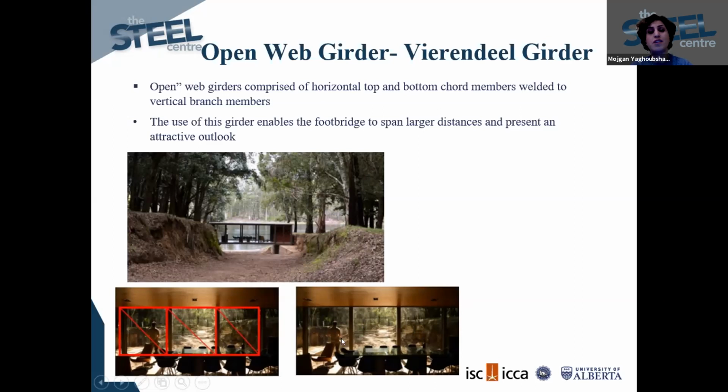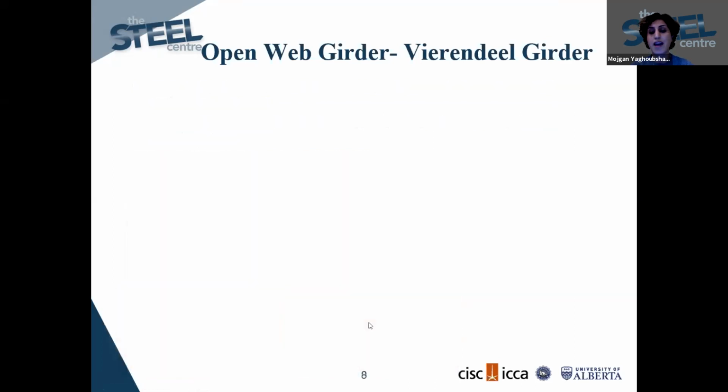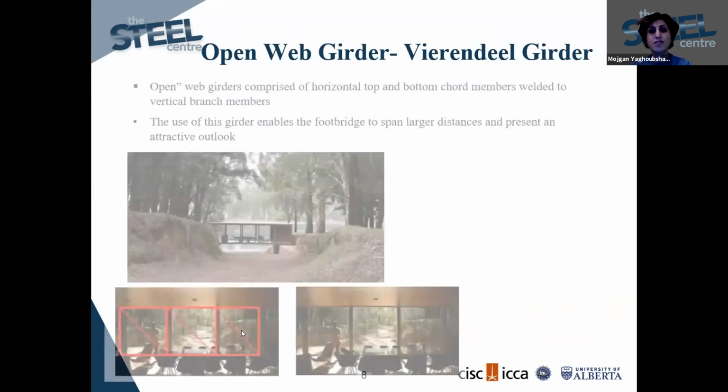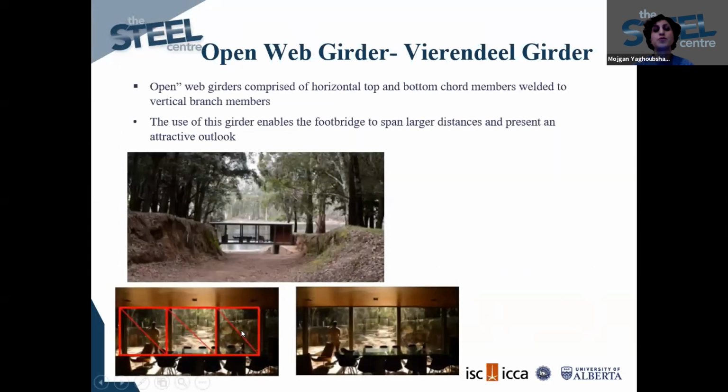See, if you want to compare these two figures, if we had the traditional trusses, we wouldn't be able to have such nice and wide windows. So for architects, they are very popular and attractive.